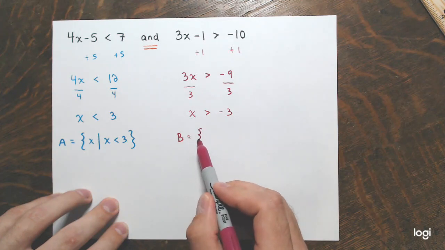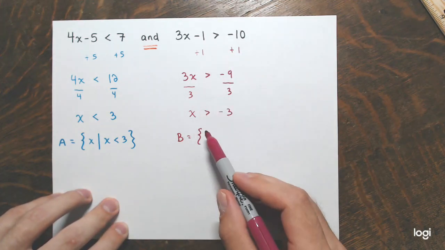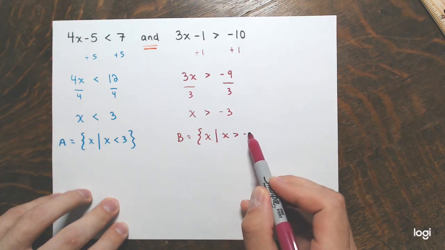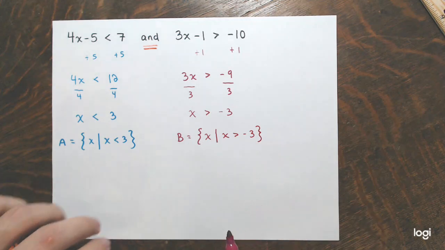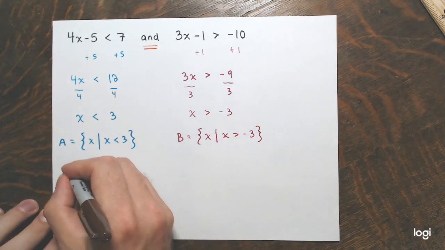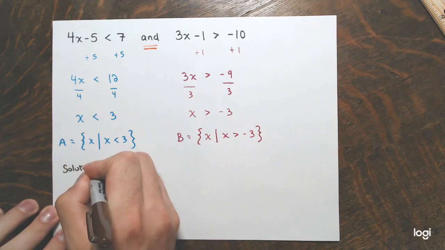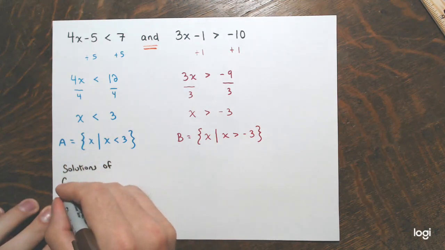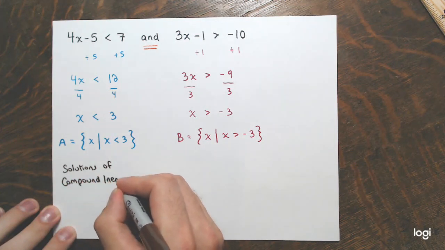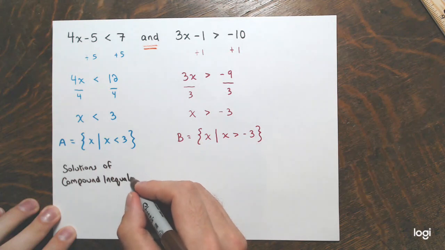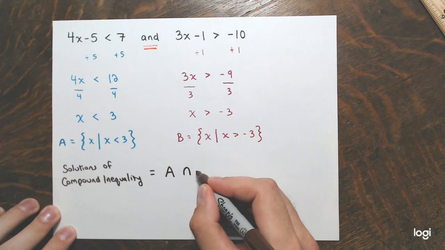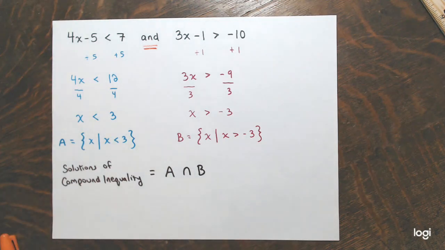Right? B is the set of all the solutions of this second inequality, which are all values of x such that x is greater than negative 3. All right. So again, the solutions of the compound inequality, the solutions of the whole thing, are the set A intersected with B. All right.